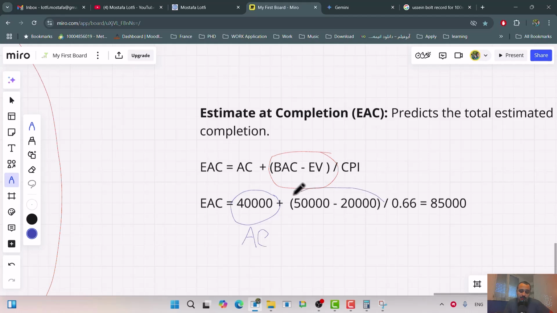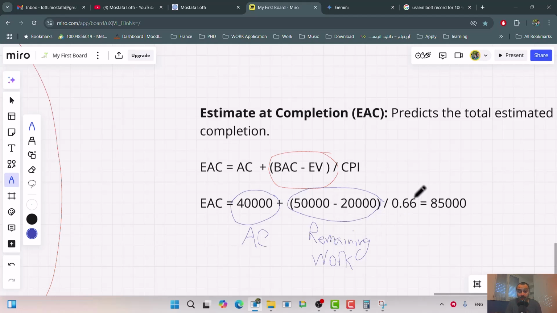You still have remaining work, right? Remaining work. You need to deliver this amount, which is 30,000, right?